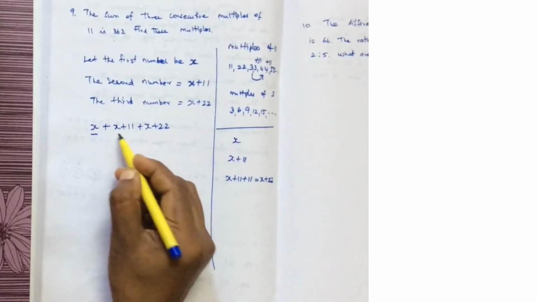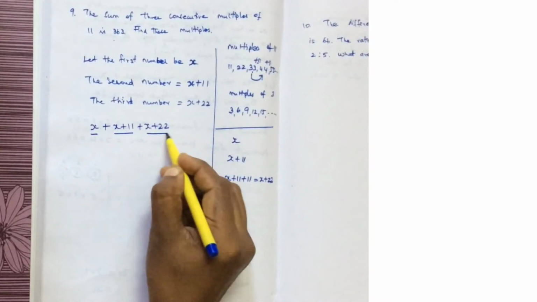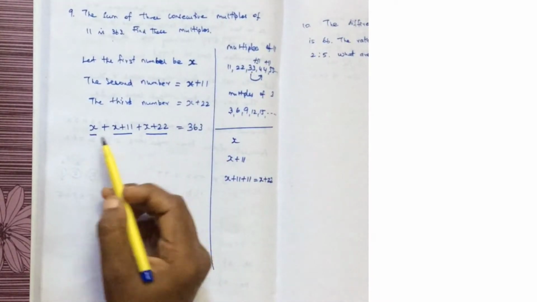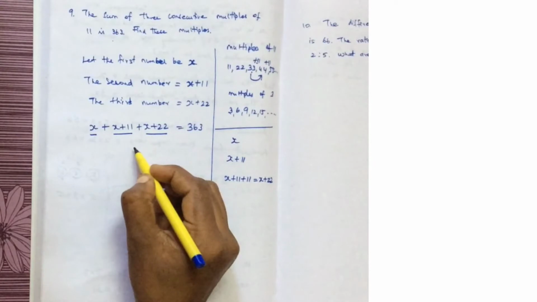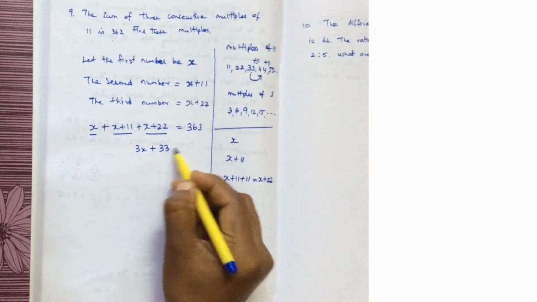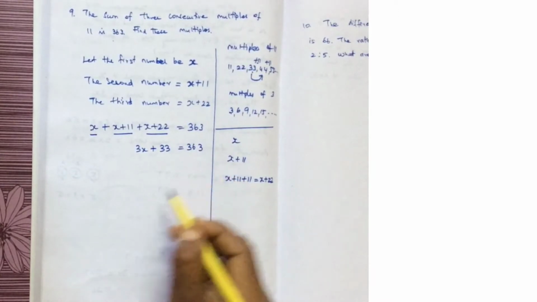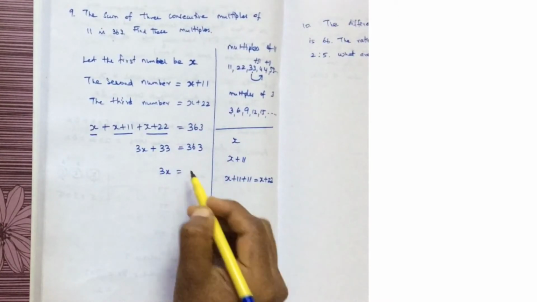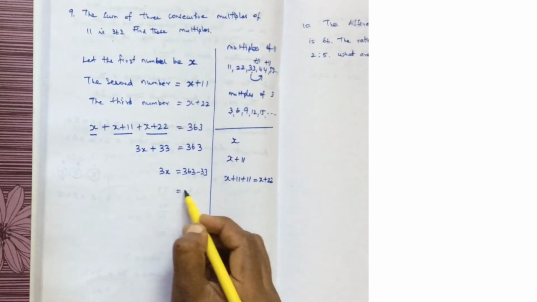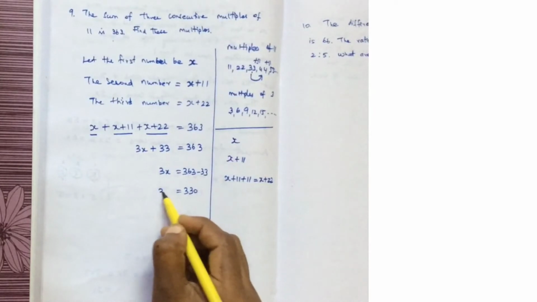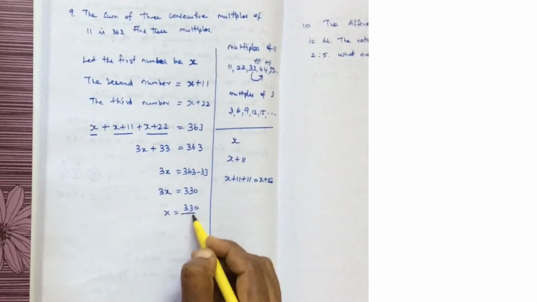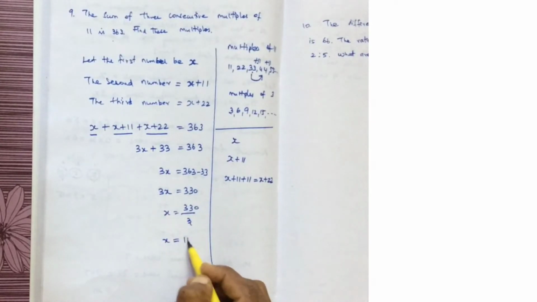Now x plus x plus x is 3x. 3x plus 11 plus 22, 33, is 363. 3x equal to 363 minus 33, that is equal to 330. So x equal to 330 divided by 3. X equal to 110.